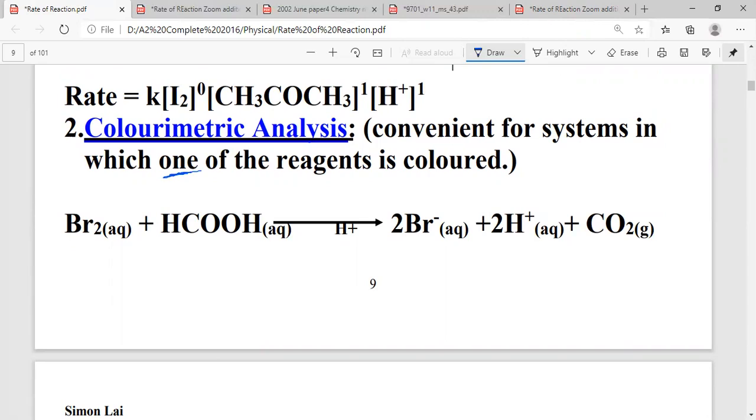It can be the reagent, also the reactant. So same thing, you put bromine into your methanoic acid and your acid here, H2SO4, whatever. The three of them will start to react, and of course you can measure the disappearance of bromine, Br2, by color.